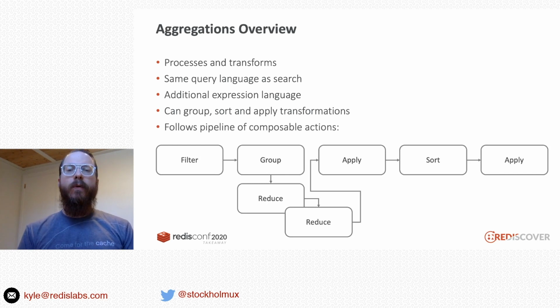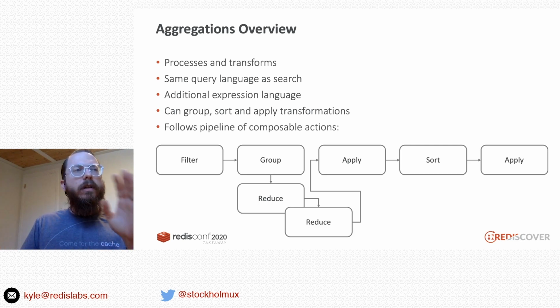This is just an example that we put together. For example, you might filter, group things, and every group has at least one reduce, apply a transformation, sort them, and then apply another transformation. After that, you could apply a filter again and group again. These are composable, so there is no sequence in which you must do them, and there's no requirement to do all of them.